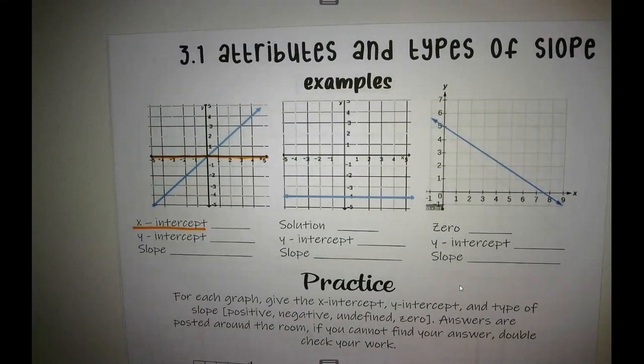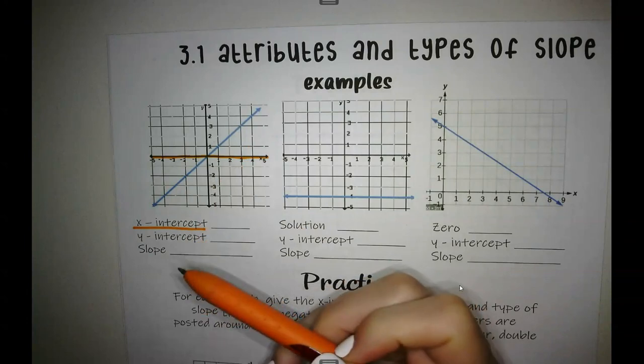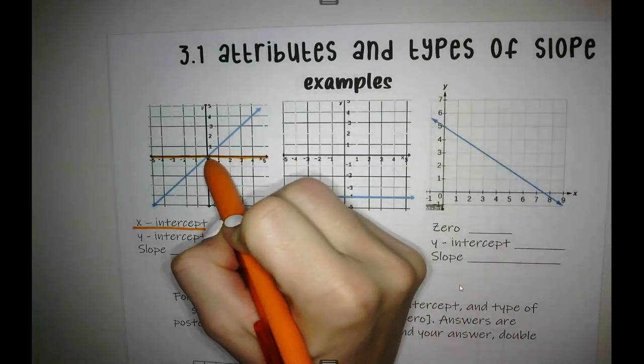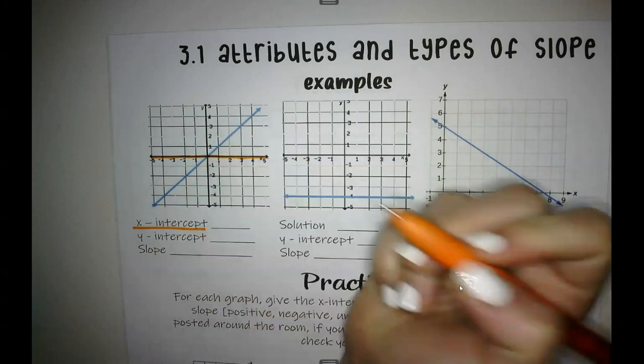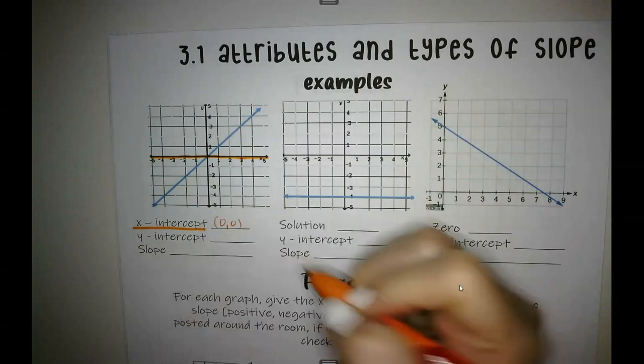I want to know where this line crosses that orange line that I just drew, and that's right here. And remember, that point is 0, 0.